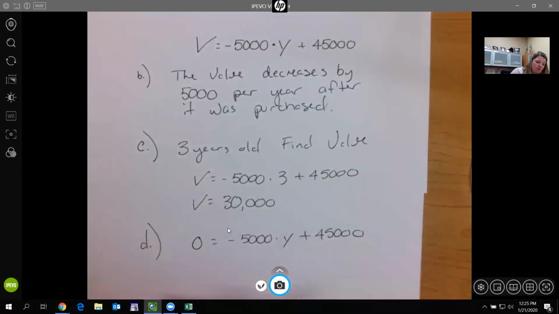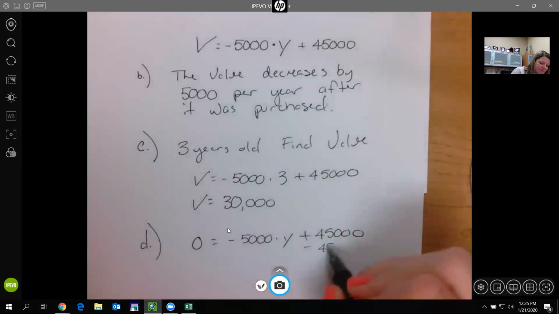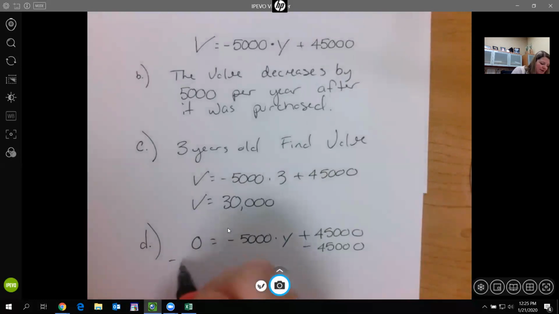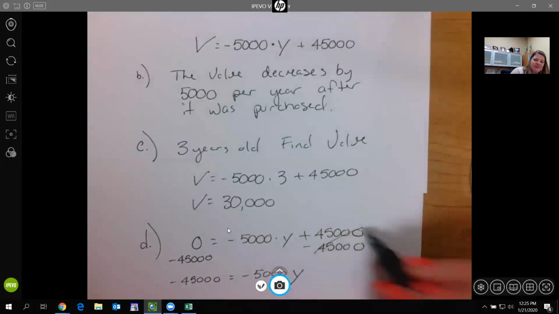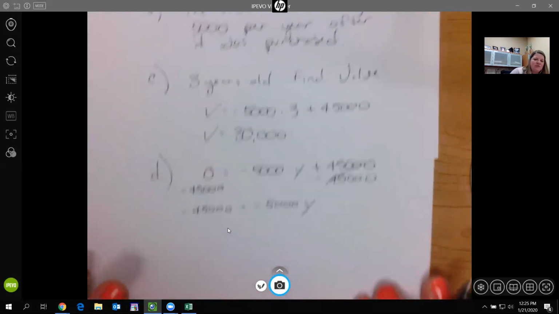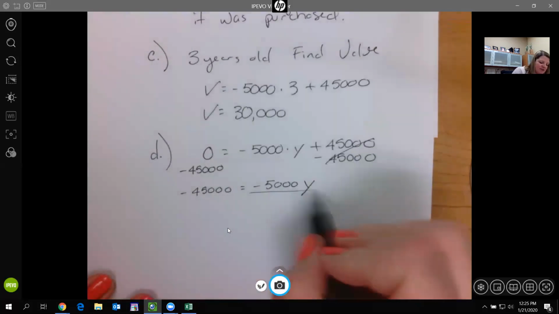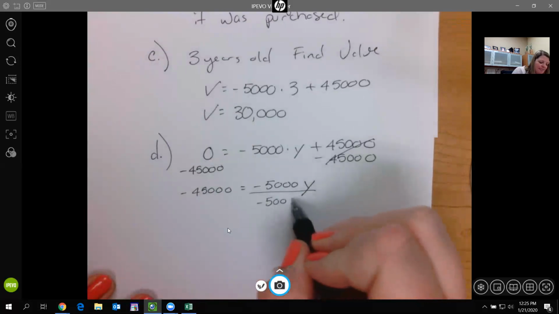We're going to subtract over the 45,000. So I'll have negative 45,000 over here equals negative 5,000 y. Okay, and that part went to 0. Then I'm going to divide by the negative 5,000 to solve for my y.